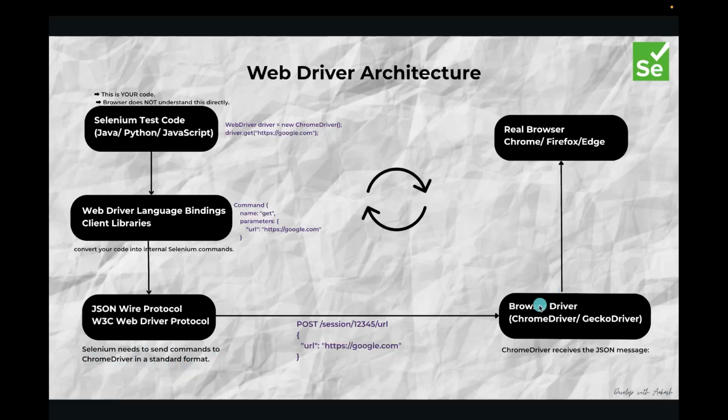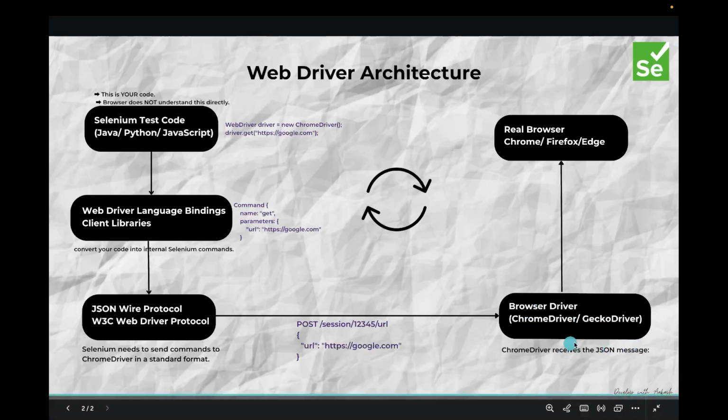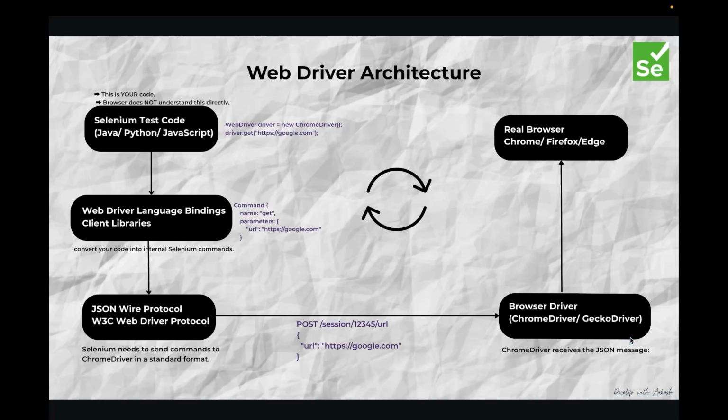Now a question must arise in your mind: what is a browser driver, sir? What is a Chrome driver or a Gecko driver? Let me simplify this for you. It's not a very complicated thing, but to understand this, you have to understand that real browsers like Chrome, Firefox or Edge do not read all commands directly and act on them, due to security reasons.